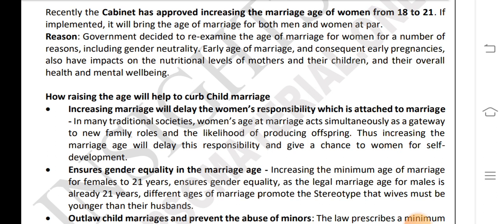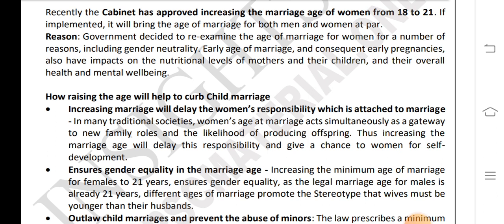Recently, the cabinet has approved increasing the marriage age of women from 18 to 21. If implemented, it will bring the age of marriage for both men and women to the same level. The government decided to re-examine the marriage age for women for a number of reasons, including gender neutrality and the consequences of early marriage.